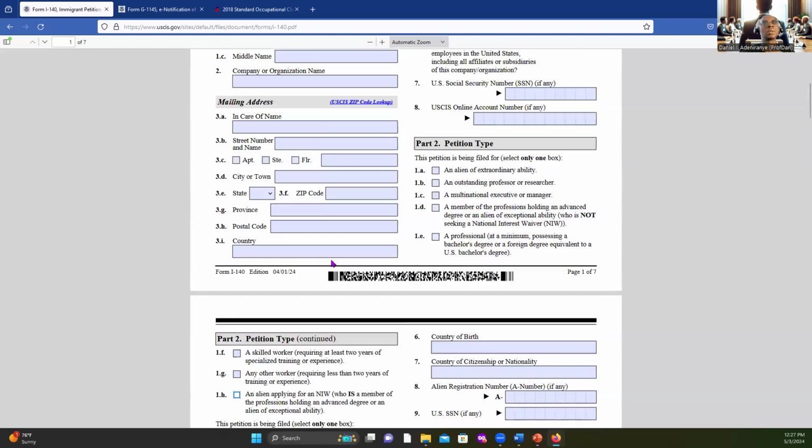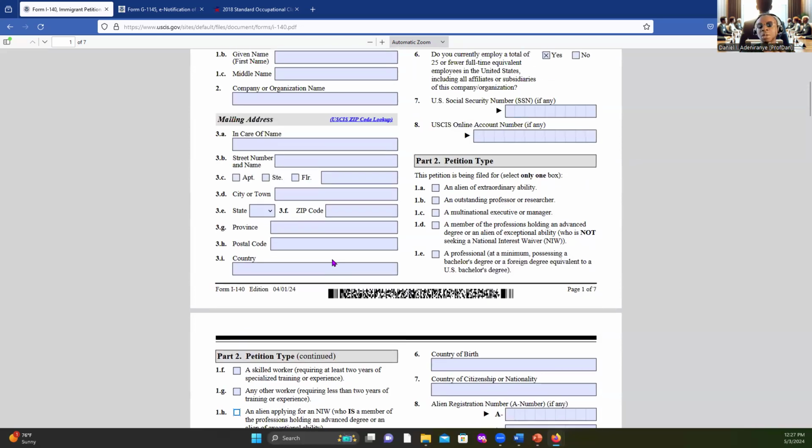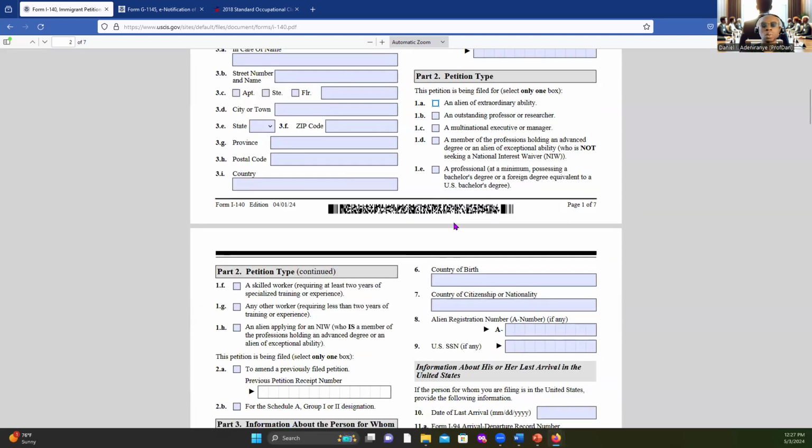The second category is if yours is the employment-based first preference, EB1A extraordinary ability, it is direct. That is 1A here that you should select, an alien of extraordinary ability. So please take note to select the right option for your Part 2, question 1A to 1H.